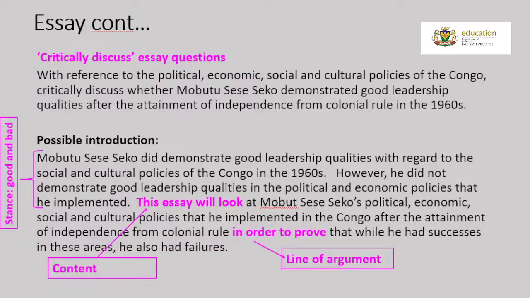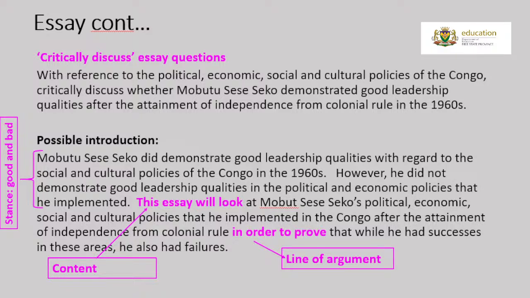Now, here, you need to take a stance whether it is good or bad. Taking a stance would mean you would say Mobutu Sese Seko did demonstrate good leadership qualities with regards to social and cultural policies of the Congo in the 1960s.